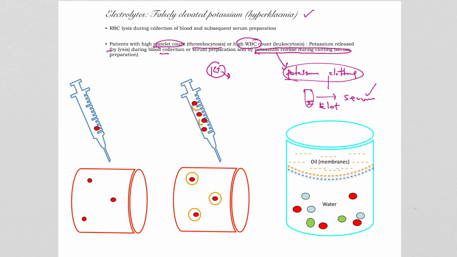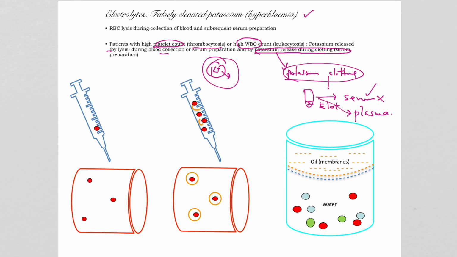So if the clinician suspects that he or she may be getting this high potassium because of the clotting, then one alternative is, instead of using serum, we just use plasma to do the test. These are some of the conditions that you have to keep in mind as a healthcare professional, especially for potassium.